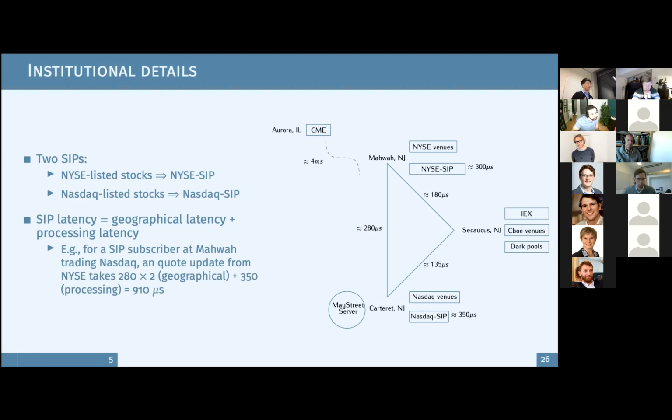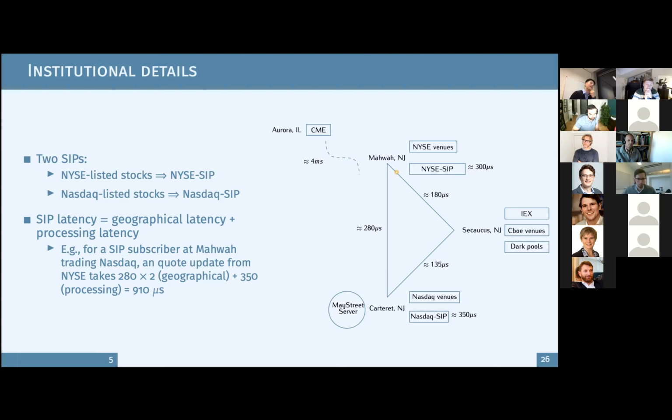Here's a simple example. Let's say you're a SIP subscriber here at Mahwah, and you want to trade a stock in NASDAQ. If you want to get a quote update from NYSE, remember that NASDAQ stocks can also be traded on NYSE, right?